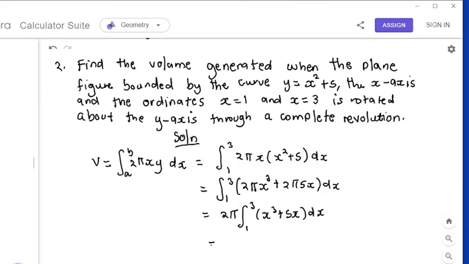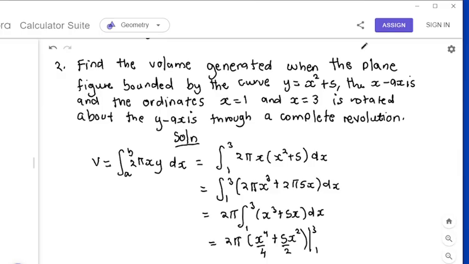After you've factored out the 2 pi, you're going to get 2 pi into x cubed plus 5x dx. And now you integrate, that gives you 2 pi into x power 4 over 4 plus 5x squared over 2. And now our limit is from 1 to 3.